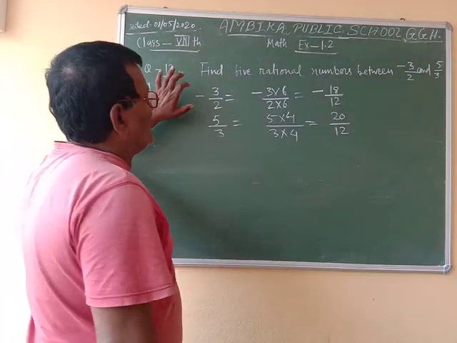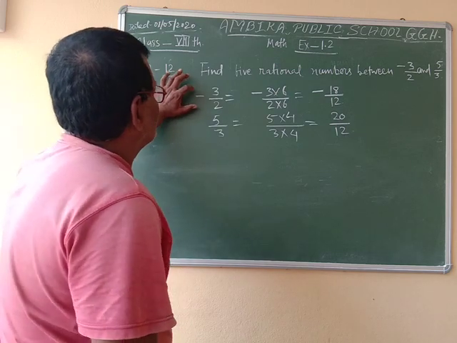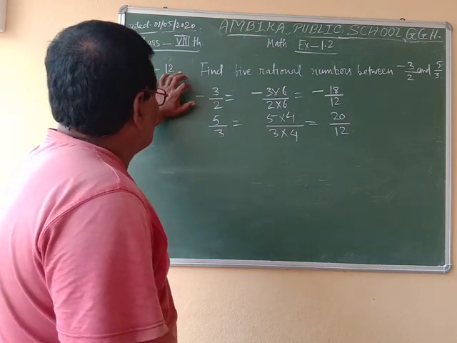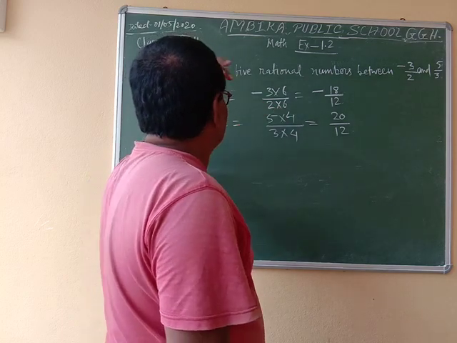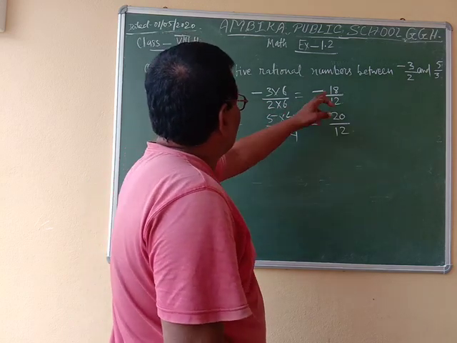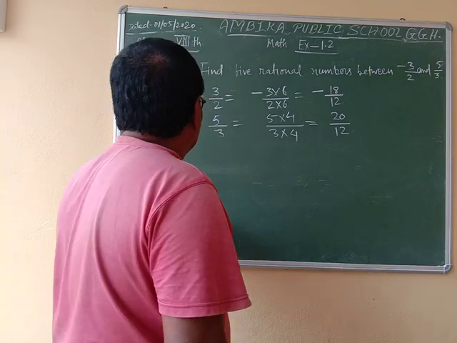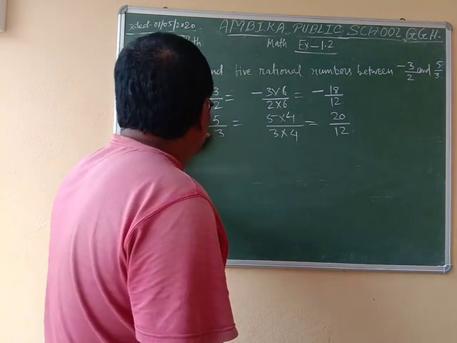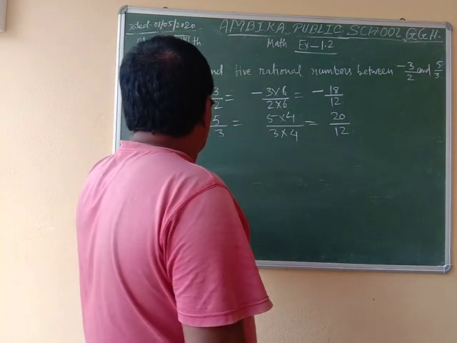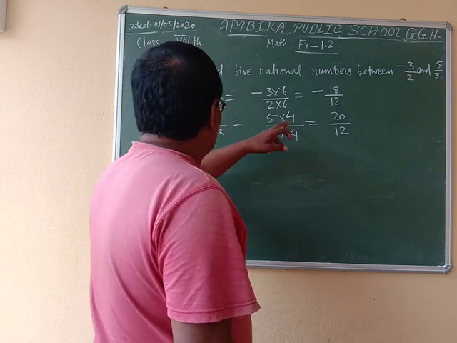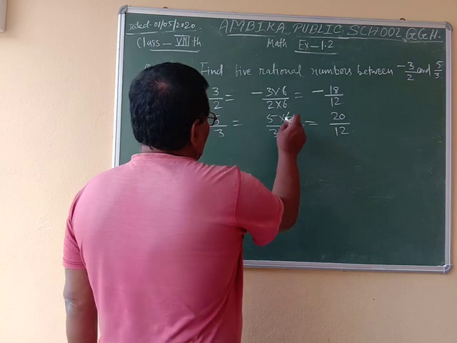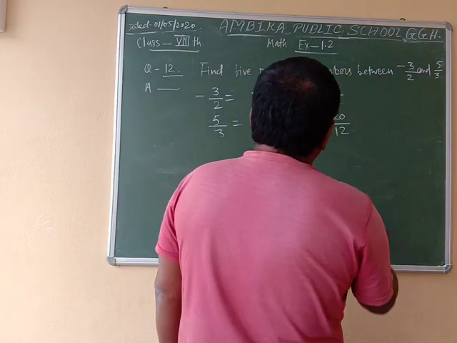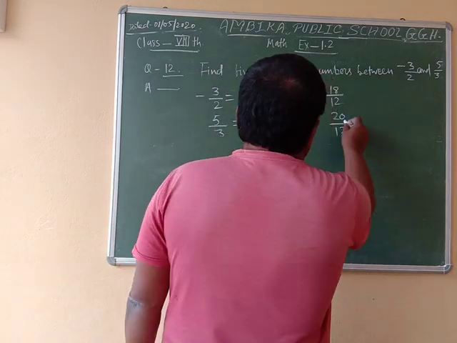We multiply the numerator and denominator of the first rational number by 6. We get minus 18 by 12, and multiplying 5 by 3 by 4, we get 5 into 4 by 3 into 4 is equal to 20 by 12.